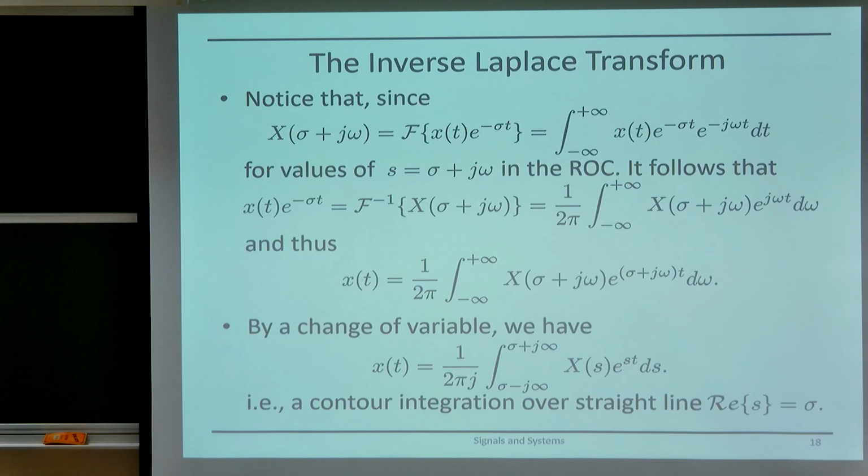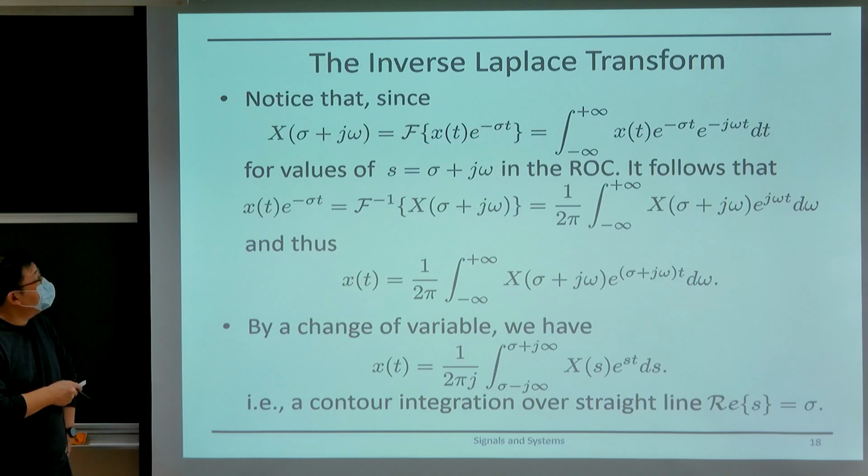Now suppose that this is the Laplace transform at a point s equal to sigma plus j omega, in the region of convergence. As we mentioned previously, the Laplace transform at this point is equivalent to taking the Fourier transform of x of t multiplied by this decaying exponential e to the minus sigma t.